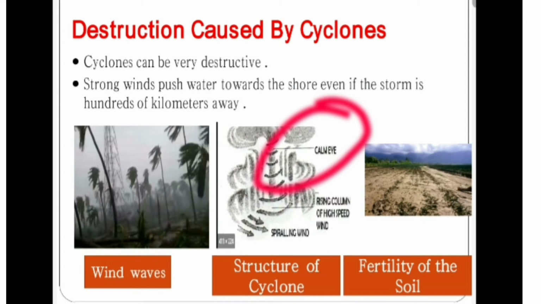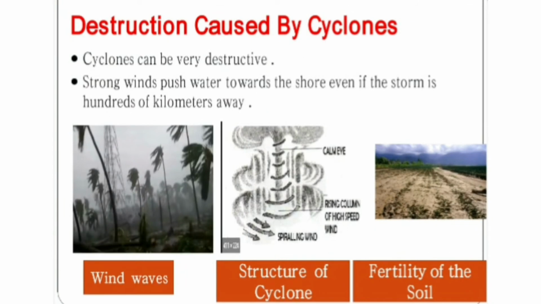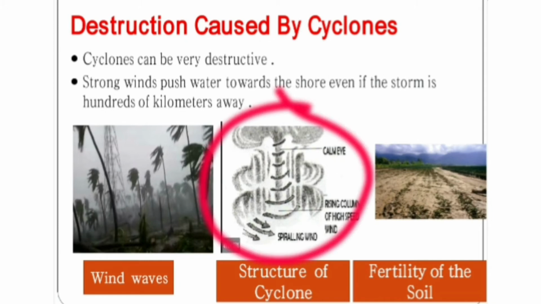The rising water may be as high as 3 to 12 meters. It appears like a water wall moving towards the shore. As a result, the sea water enters the low-lying coastal areas, causing several losses of life and property.